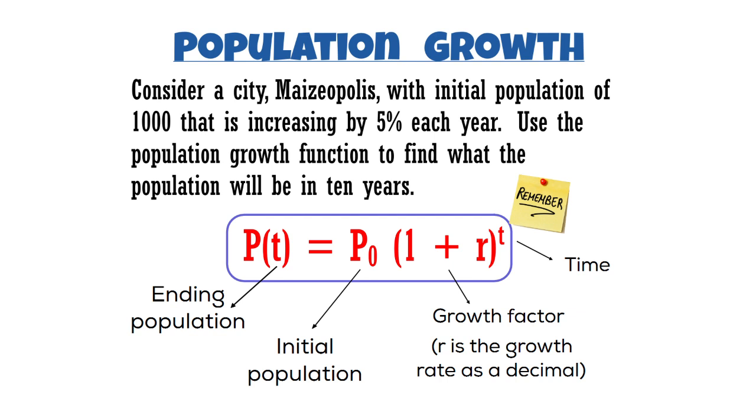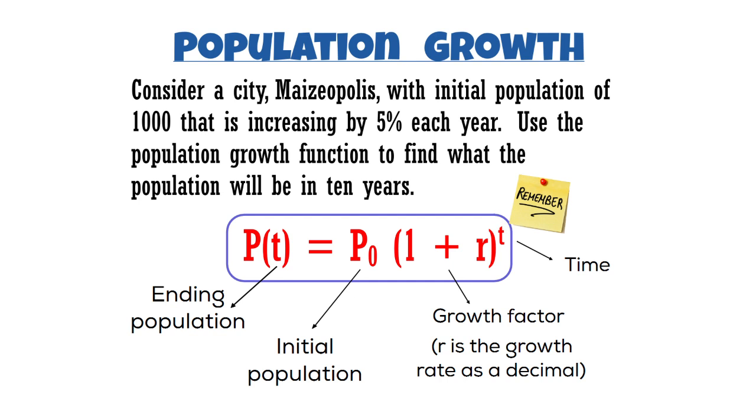If something is increasing or decreasing by a percent, then that percent rate goes here, but we write it as a decimal. So 5% would be 0.05 plus the 1. Then my B value is 1.05. That's what's going on there. And then my exponent is still t for time.